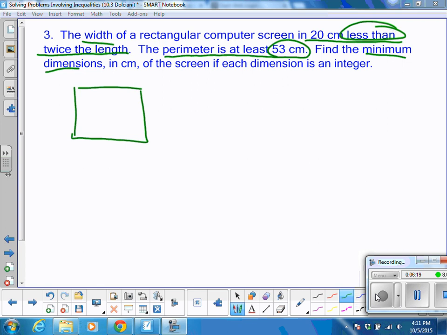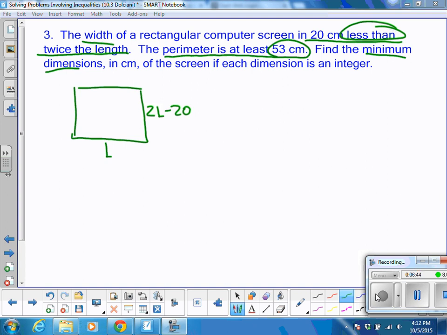I've got the width of the rectangle screen, it's 20 centimeters less than twice the length. So it's all dependent on the length. If I know the length, then I know the width is going to be twice the length minus the 20 centimeters. So that's twice the length, not 21. So twice the length minus 20.